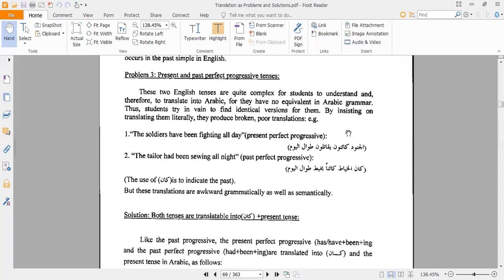The tailor has been sewing all night. كان الخياط كائنا يخيط طوال اليوم. Actually, this translation is awkward, strange, unacceptable, unconvincing, and violating all the rules of grammar and semantics.